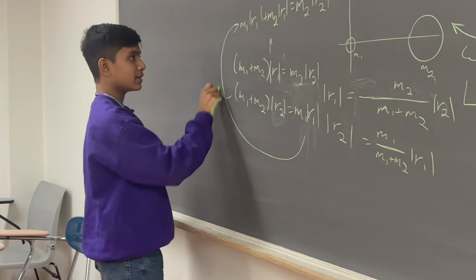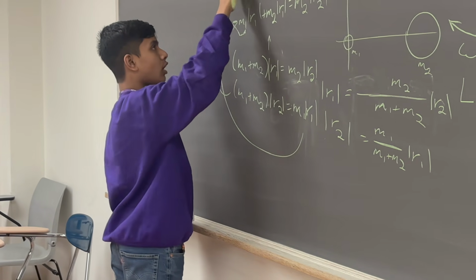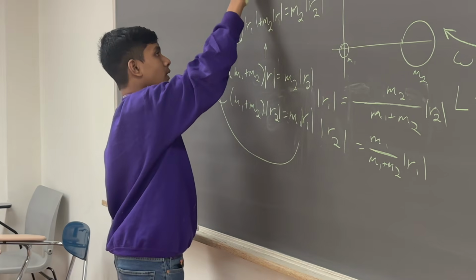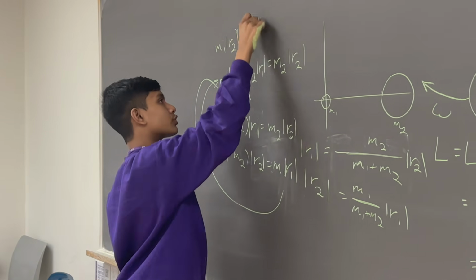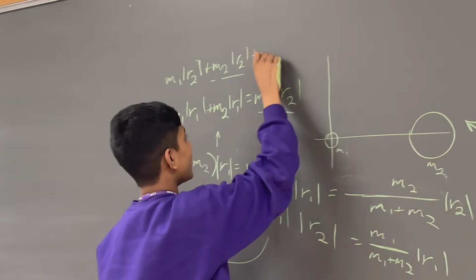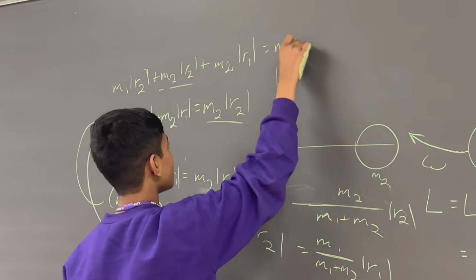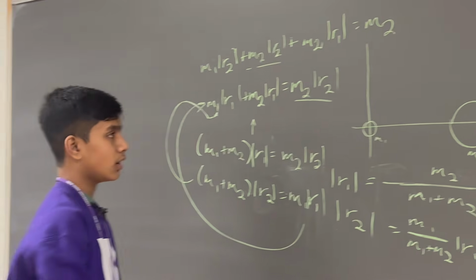Okay, so now we plug this guy in, and we get m1, r2 plus m2, r2, which looks suspiciously familiar, plus m2, r1 is equal to m2, r2.